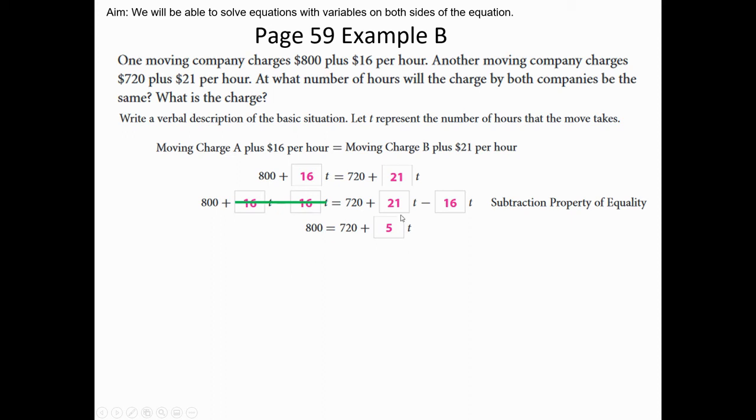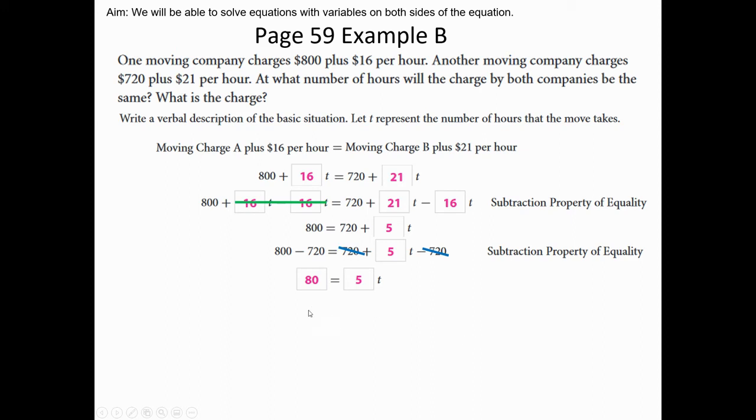And then on the right side, 21t minus 16t, well, 21 minus 16 is 5t. Now that we're in this situation, let's try to get t by itself. Let's subtract 720 to get rid of it. If I subtract 720 on both sides, the 720 will cross off on the right side and leave us with just 5t. Meanwhile, on the left side, 800 minus 720 is 80.